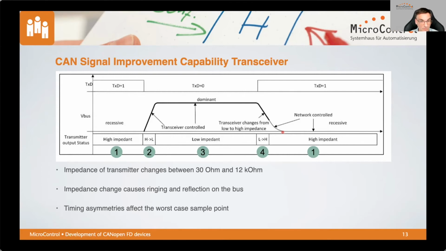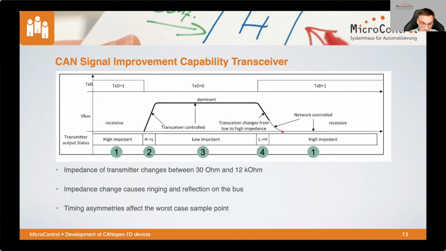So especially when you're switching to FD, you have to look in the data sheet at the asymmetries between the rising and the falling edge. For signal improvement capability transceivers, these timing asymmetries are reduced much more than with normal classical transceivers. And these timing asymmetries affect the worst-case sample point that you can achieve, and this limits your highest possible bit rate within your CAN FD network.